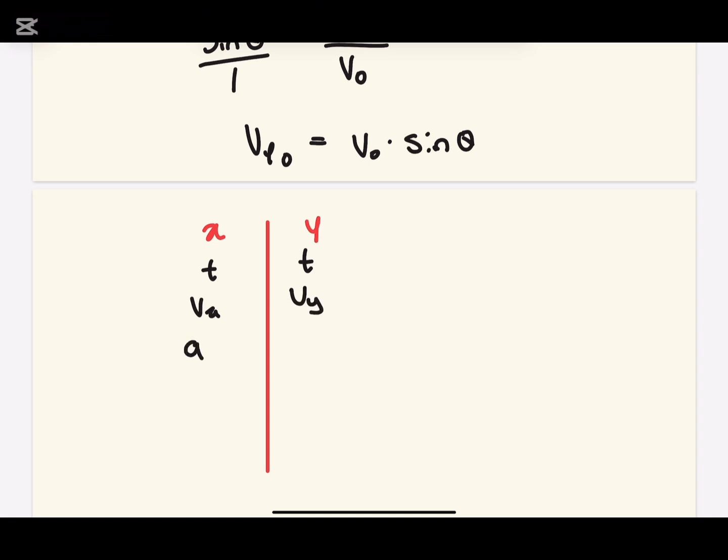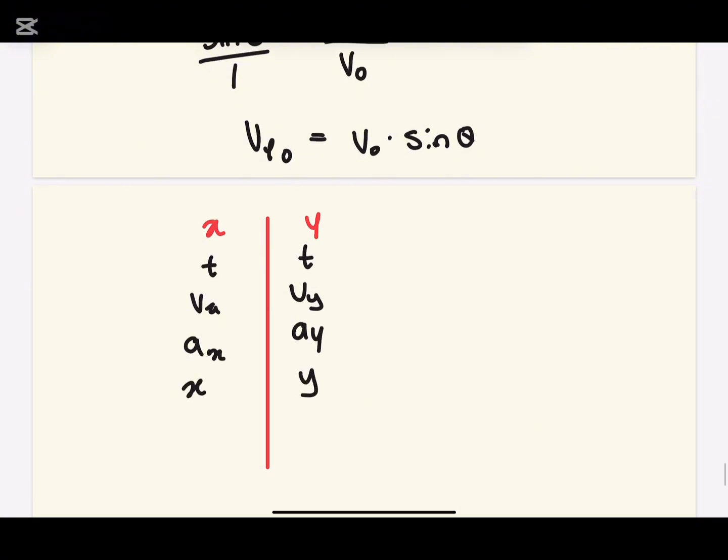They do not have the same acceleration. And they do not have the same distance or displacement. Usually, in projectile motion, the acceleration in the x direction is always 0, while in the y direction, it's usually gravity.